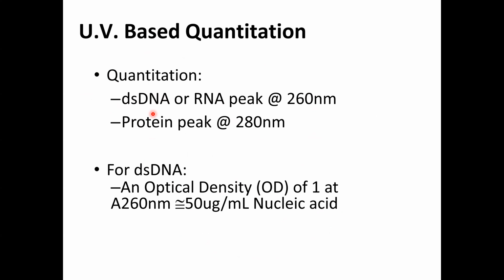For UV-based quantification, we have the quantification of double-stranded DNA, RNA peak and protein peak. Double-stranded DNA or RNA peaks at a maximum of 260 nm, whereas protein peaks at 280 nm.